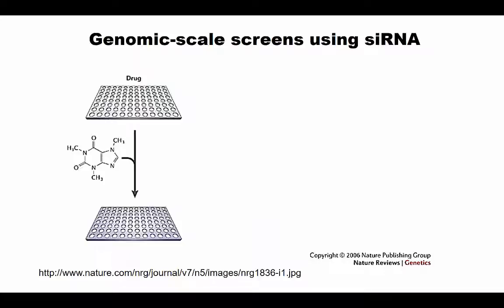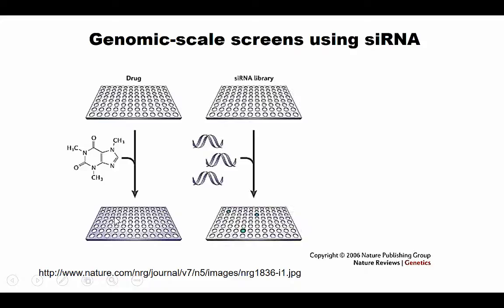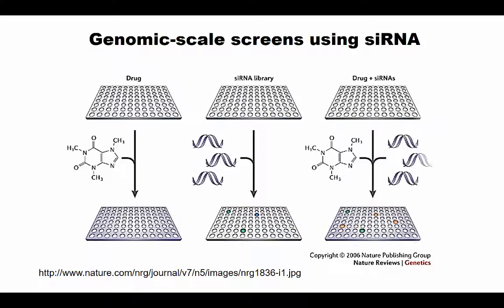In mammalian cells, for siRNA we need to use some special transfection reagent, but it seems possible to deliver siRNA to mammalian cells too. Then, utilizing drug compounds and screening in high throughput, in exactly the same format we can do siRNA screening, and maybe even drug and siRNA screening in combination.